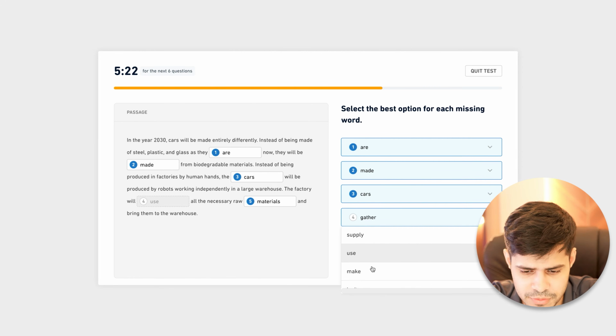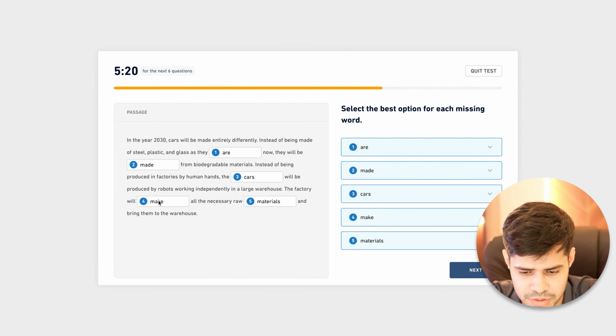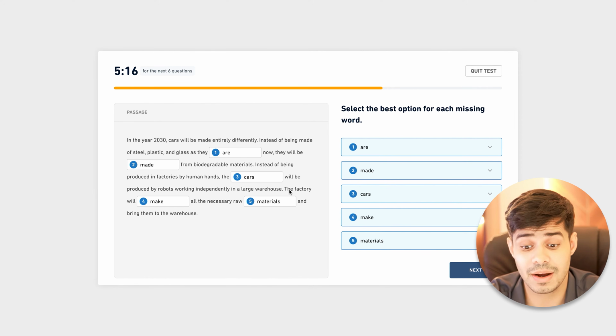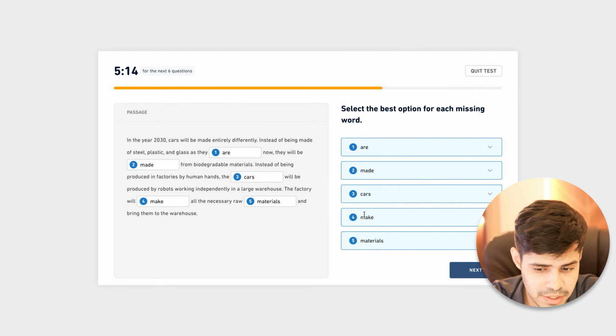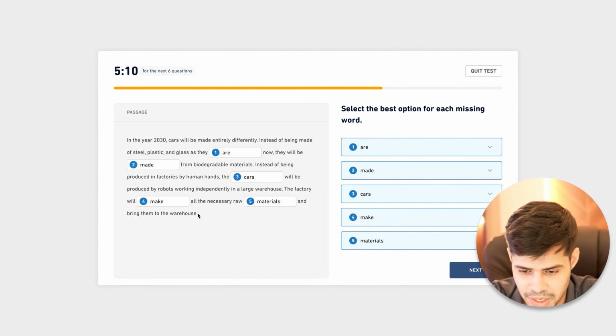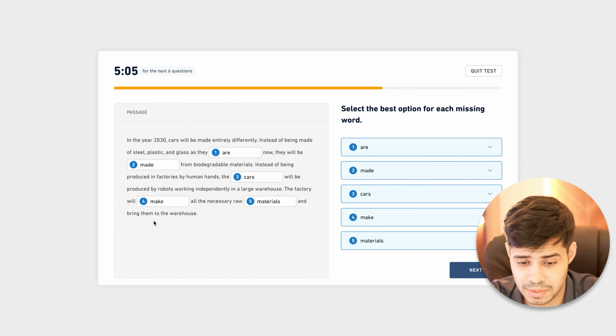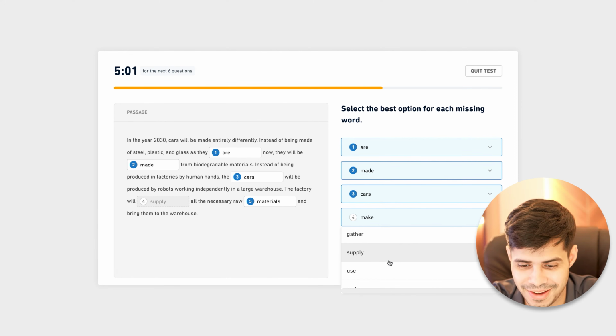Let's see. Use, make all the necessary raw materials and bring them to the warehouse, right? The factory. Okay, yeah. In the factory, you make it, right? You can't supply it, you make it. So, because it's going to be supplied by the factory, right? So, it will make all the necessary raw materials and bring them to the warehouse, I think, yeah. Or can it be supply?